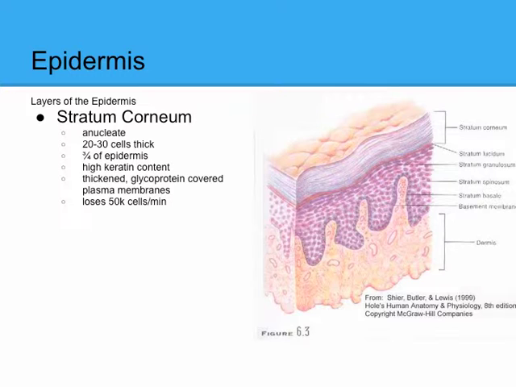This layer is 20 to 30 cells thick, which means that it's about 3/4 of the thickness of the epidermis. So this is the thickest layer of the epidermis, and it is going to have a very high keratin content. Okay, so remember, these cells are the most superficial, so they've been undergoing keratinization the longest, and remember, they're dead. So this is essentially just a layer designed to be strong and waterproof.